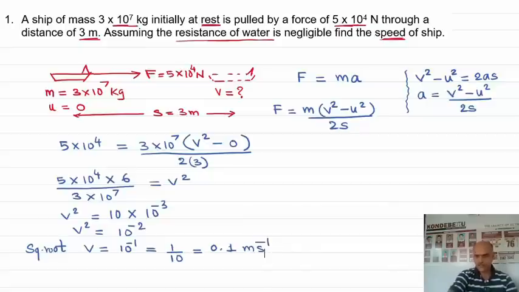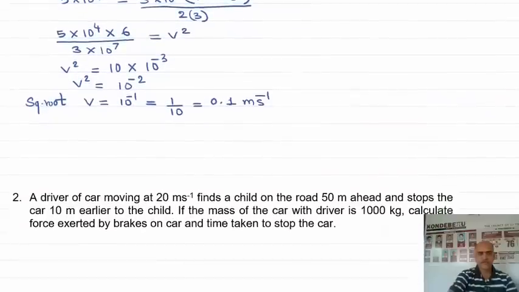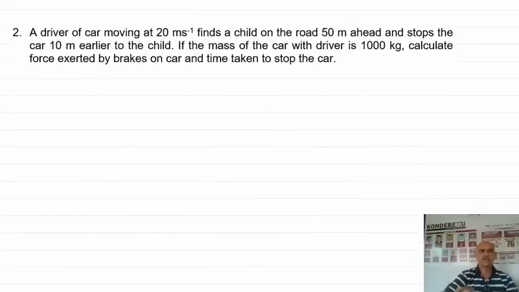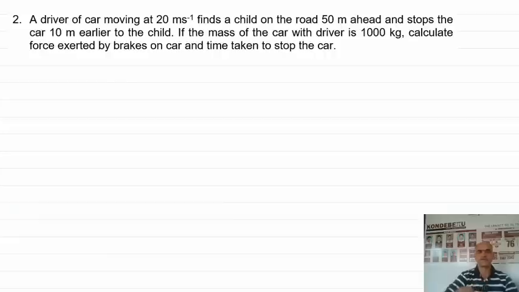Next, second problem. A driver of a car moving at 20 meters per second, so the initial velocity of the car he has given, finds a child on the road 50 meters ahead, and stops the car 10 meters earlier to the child.